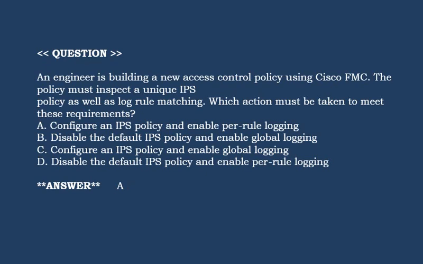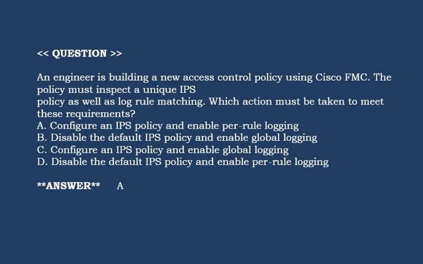Next question is, an engineer is building a new access control policy using Cisco FMC. The policy must inspect a unique IPS policy as well as log rule matching. Which action must be taken to meet these requirements? Option A. Configure an IPS policy and enable per rule logging.